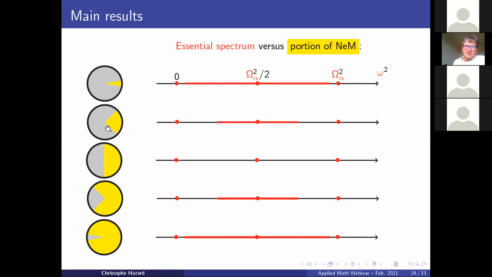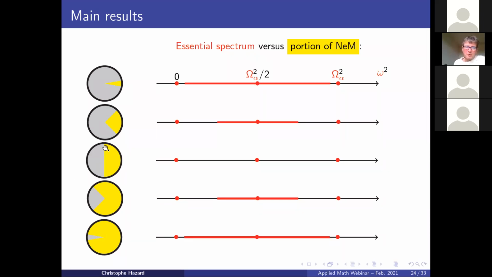If you increase the portion, increase the angle, then this interval decreases until you reach the situation where there is no corner, and in that case there is no interval. You just have one singular point at the middle value here of the interval corresponding to the critical value -1.